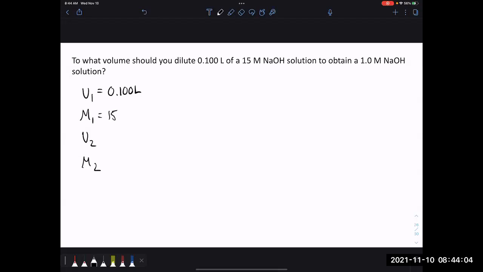M1 is going to be 15 molar sodium hydroxide. And then our V2 is what we're solving for. So unlike in the last question, we're given explicitly what that variable is, rather than having to infer it from the format of the question. But we want our final molarity to be 1.0 molar sodium hydroxide.